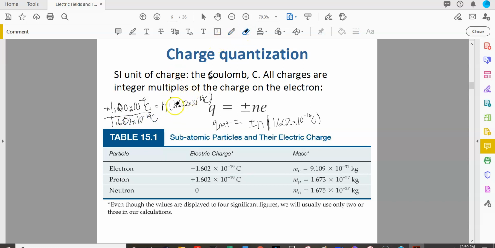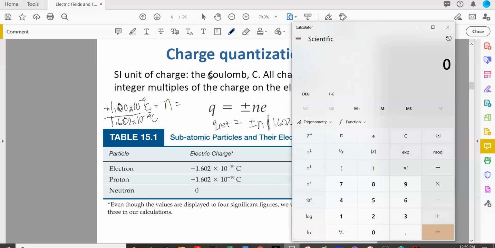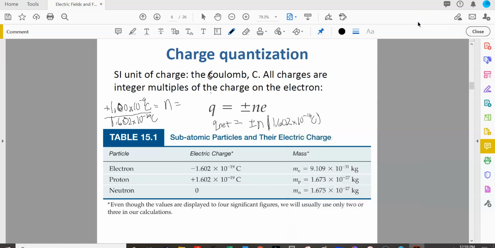And that would get you the total number of protons built up on this object. Which would be 1 divided by 1.602, which is going to be 0.62.